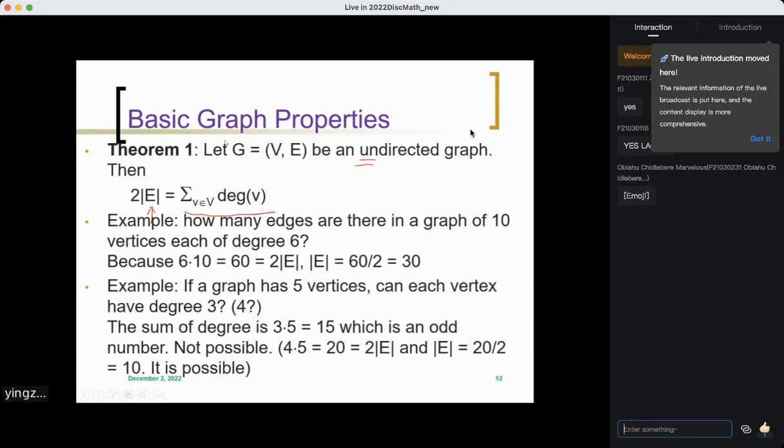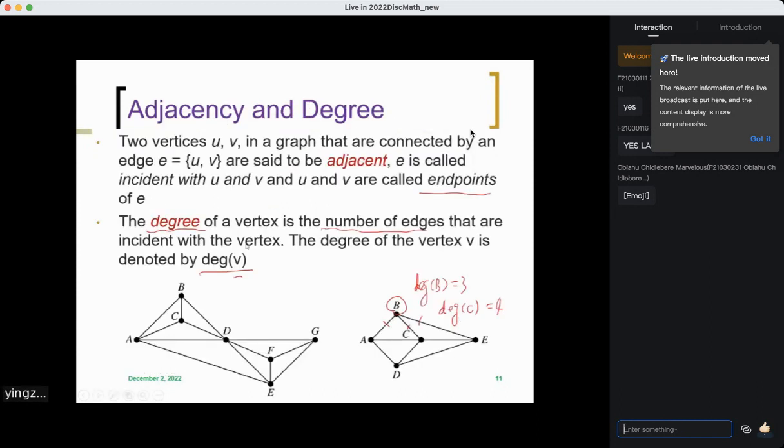We are just using this theorem to get this result. So how do we understand why we have this rule? That means the total degree is equal to 2 times the number of edges. Maybe from the definition of degree we can understand, because we know that each edge connects 2 nodes, or 2 points.